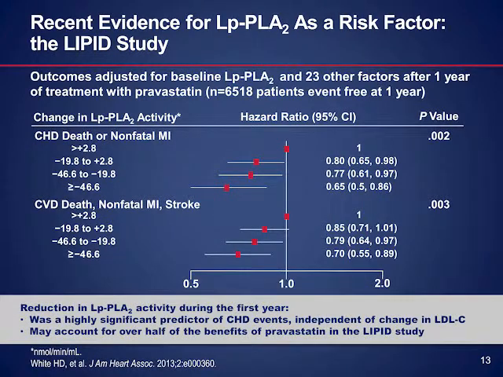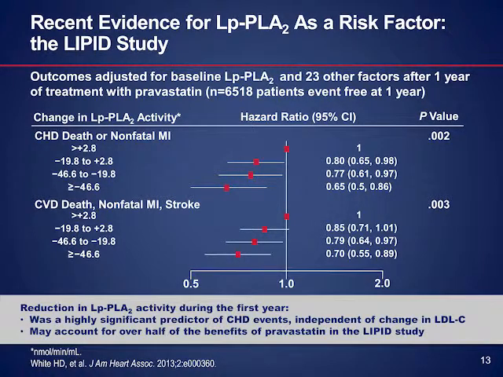So perhaps the best study demonstrating that Lp-PLA2 is a risk factor, a true risk factor, is the LIPID study. And in the LIPID study, we found that a reduction in Lp-PLA2 activity during the first year was a highly significant predictor of CHD events and was independent of changes in LDL cholesterol. It also accounted for over half of the benefit of pravastatin in this LIPID study.